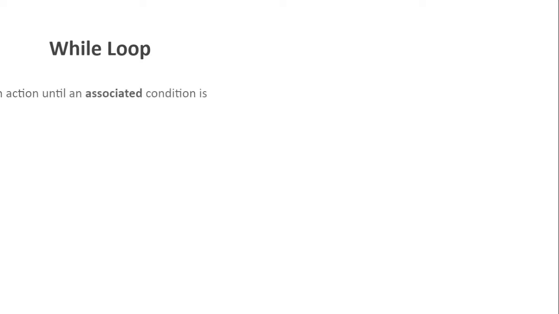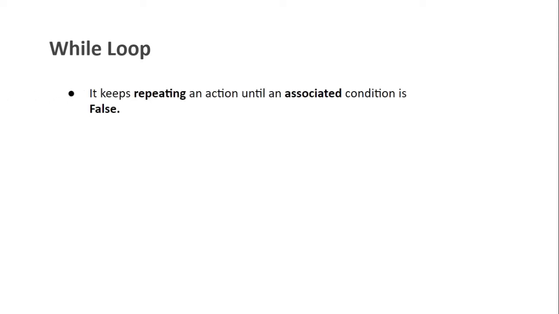So in this it is written it keeps repeating its action until the condition becomes false. As we earlier discussed in if else statement, if condition is false everything stops.